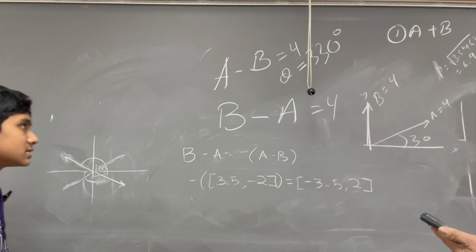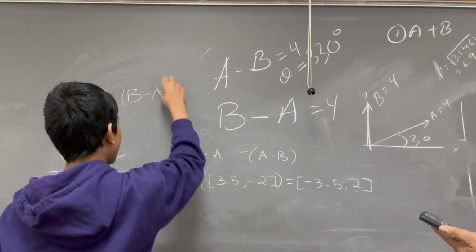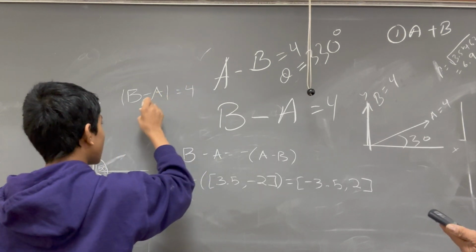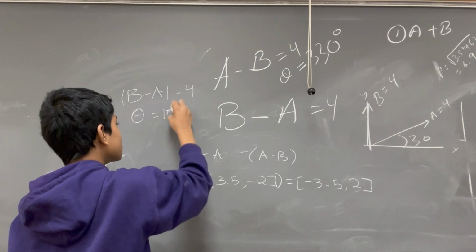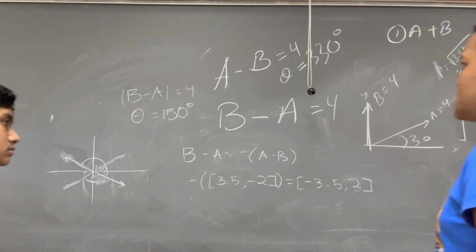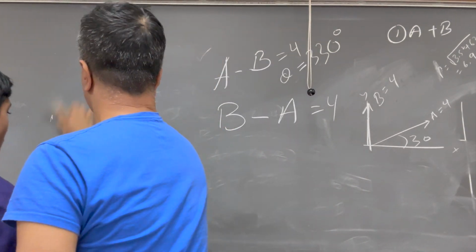So that means that b minus a also has a magnitude of 4, and its direction is equal to 150 degrees. Excellent.